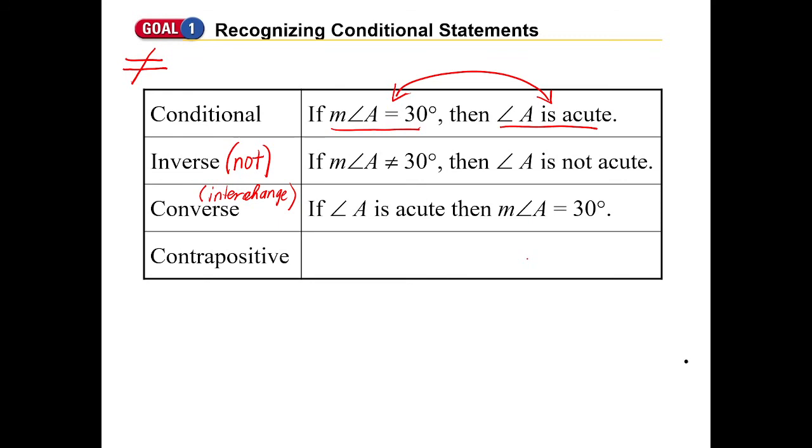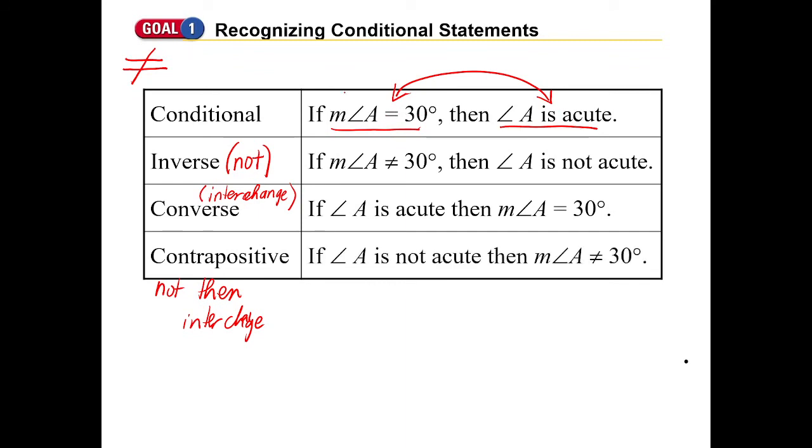Sa contrapositive, butangan og not, then interchange. Mao ni gitawag og contrapositive. So, butangan og not, interchange. Look at the answer. So, is not acute na nadire, is not equal na nadine.